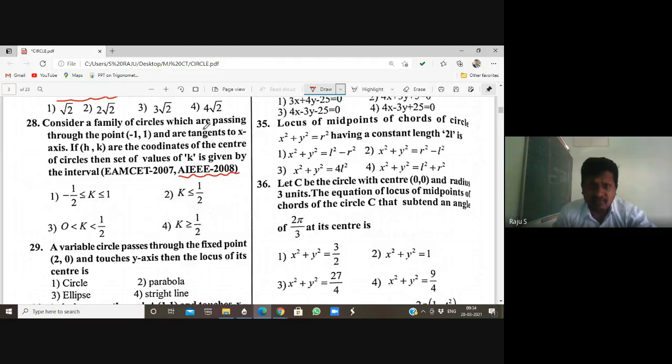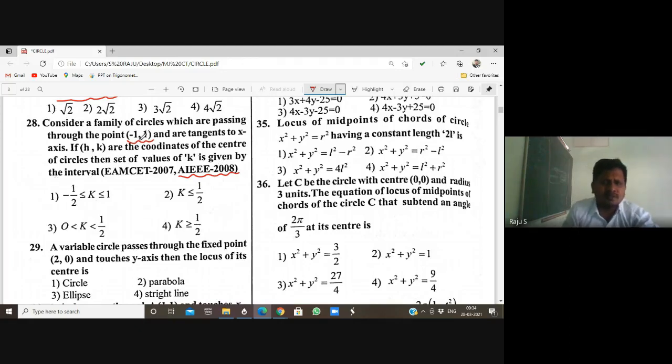Consider a family of circles which are passing through the point (minus 1, 1), which is in the second quadrant, and are tangent to the x-axis. If (h, k) are the coordinates of the center of the circle, then the set of values of k is given by the interval.